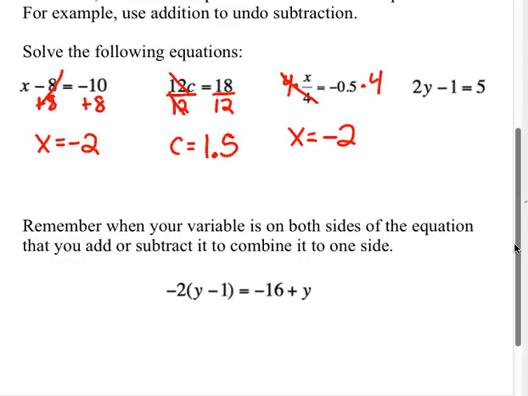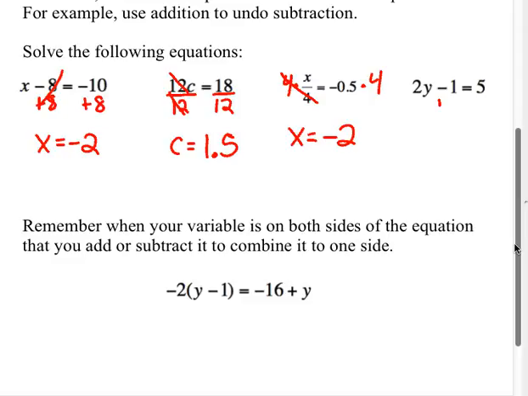Now, obviously those are the most easy examples I could give you, right? So obviously it's going to escalate from there. It's going to get harder from there. So the next one is an example of a two-step process, okay? For the two-step process, you're going to begin with addition or subtraction, taking care of that, then taking care of anything that's multiplying or dividing the variable.